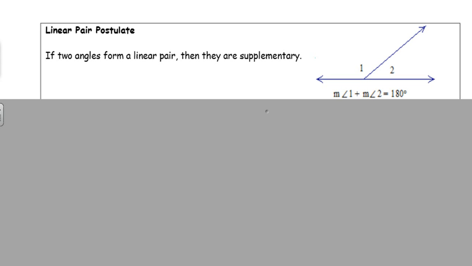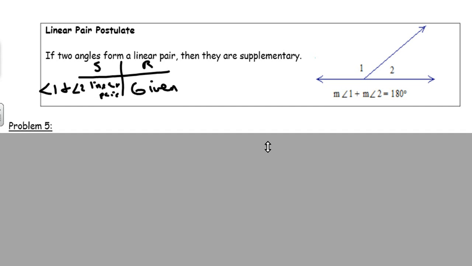All right, our next postulate to add to our bank of definitions and postulates is the linear pair postulate. And that says that if two angles form a linear pair, then they are supplementary. So in a statement and reason proof, you'll see that angle 1 and angle 2 are a linear pair, and your reason would be given.